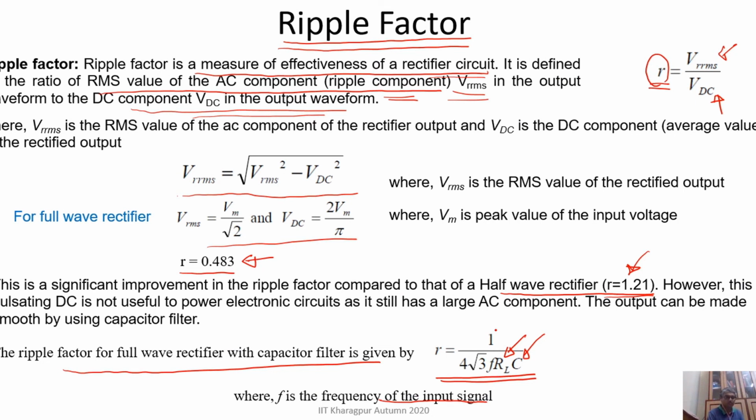We talked about three different kinds of rectifier: half wave rectifier, full wave rectifier, and bridge rectifier, and we have discussed their comparative performance. We have seen that in the case of bridge rectifier, we do not need a center tap transformer, and also the PIV diode rating is half of that of the full wave rectifier, or even half wave rectifier.